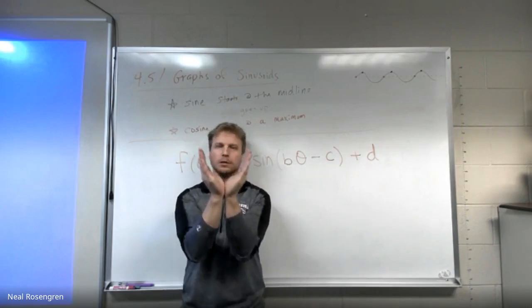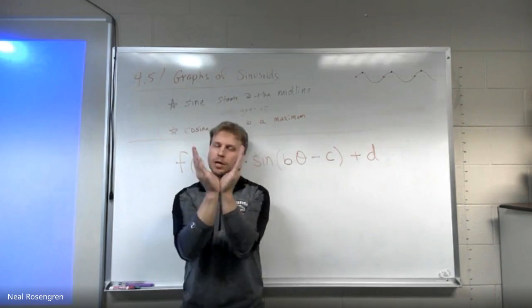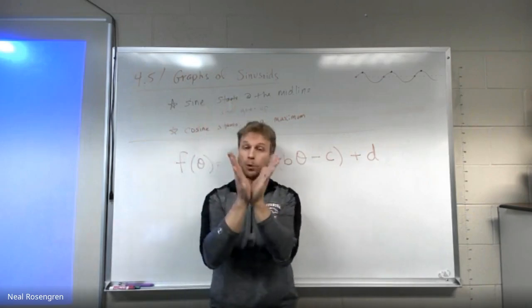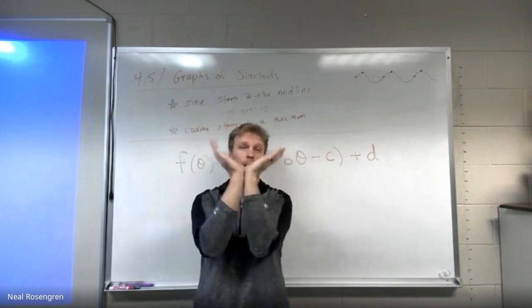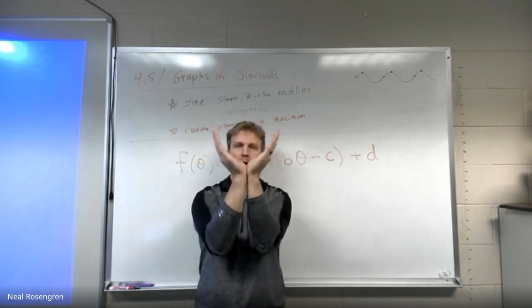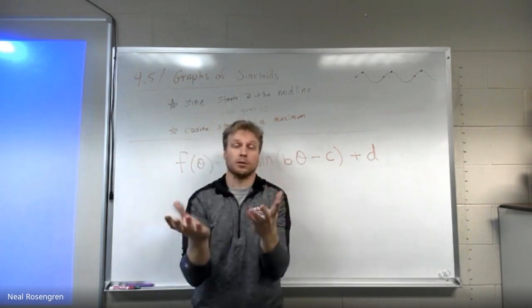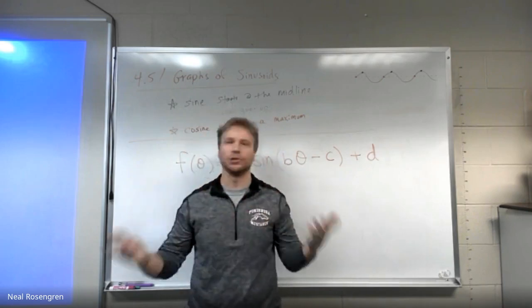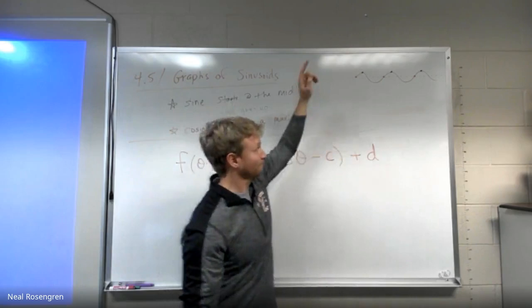There's no repetition. I'm just going to slide it left or right or up or down. I'm going to stretch it out. I'm going to compress it down. I'm going to flip it upside down. Whatever happens, there's kind of a middle, a beginning. There's a vertex. There's a place where the function has a center, if you will.